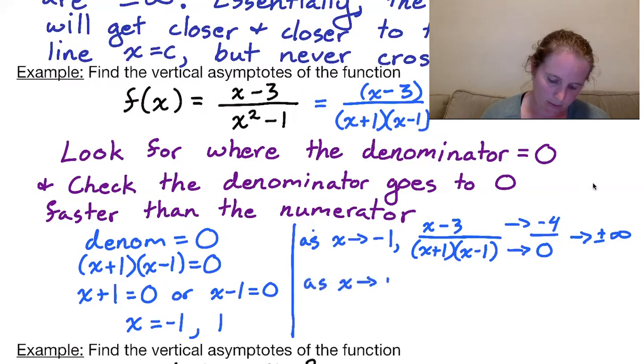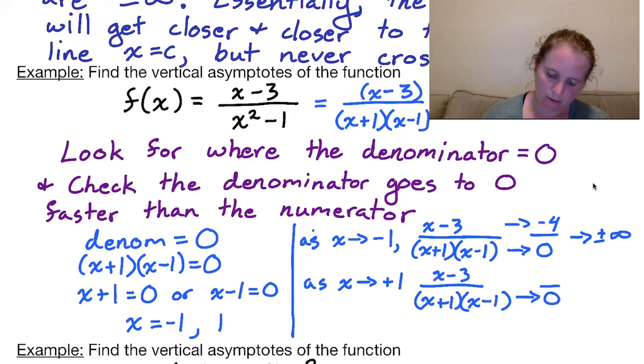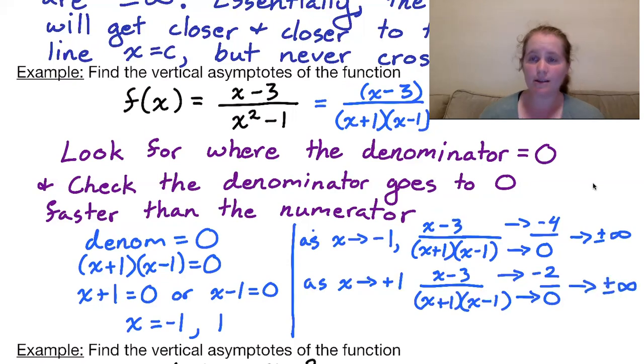As x goes to positive 1, x minus 3 over x plus 1 times x minus 1. The denominator will go to 0. The numerator will go to negative 2. And this is going to be either towards positive or negative infinity, again, depending on from which side we are approaching.